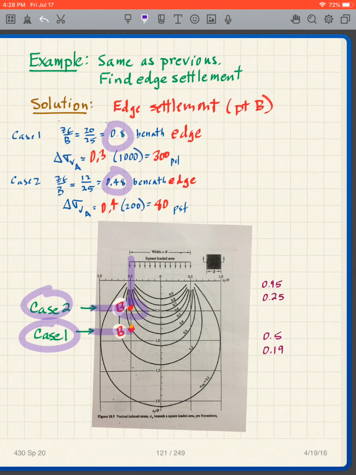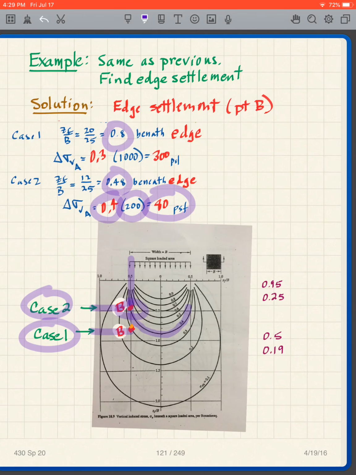And we're going to read off the contours. For case 2, my contour is approximately 0.4. So I'm going to use 0.4 times the stress at the base of the structure of 200, which gives me 80 psf for my delta sigma v.